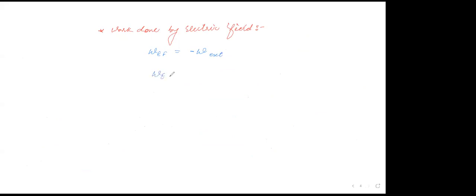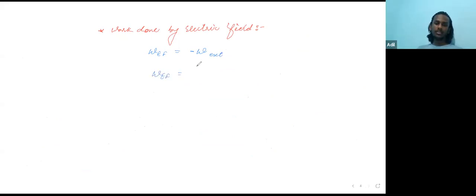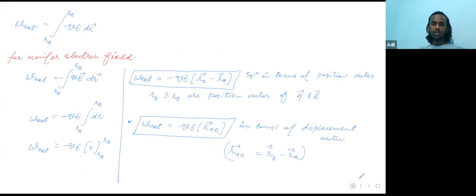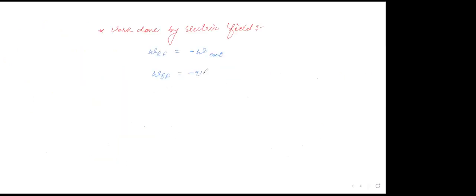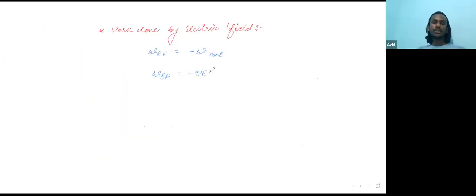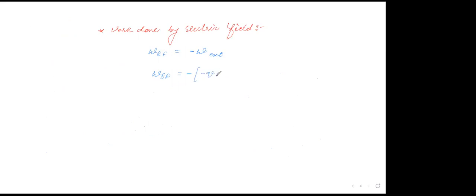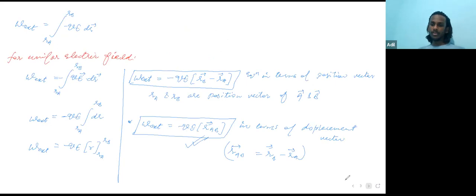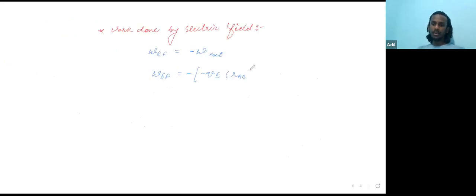Or you can also write work done by electric field is equal to minus of W external. We have this W external value, minus QE R of AB, right? And place it here. We already have a negative sign here, so minus of minus QE R of AB.